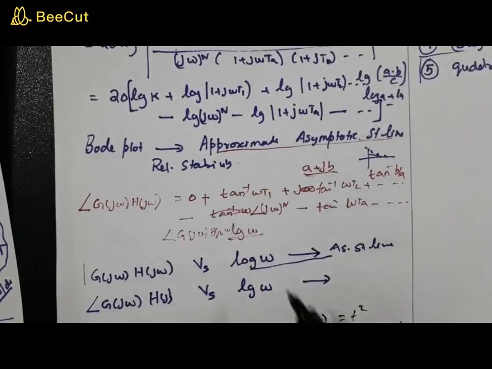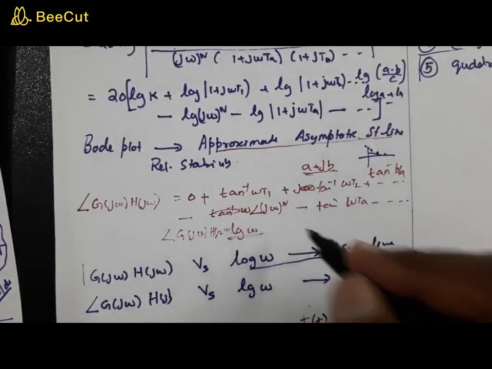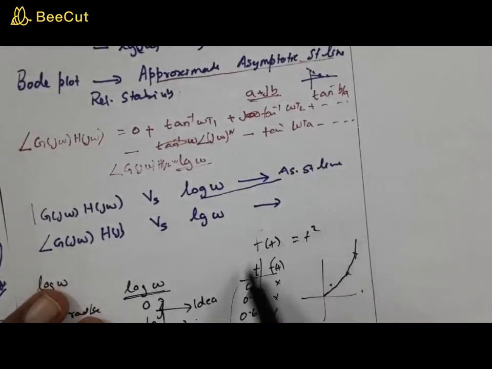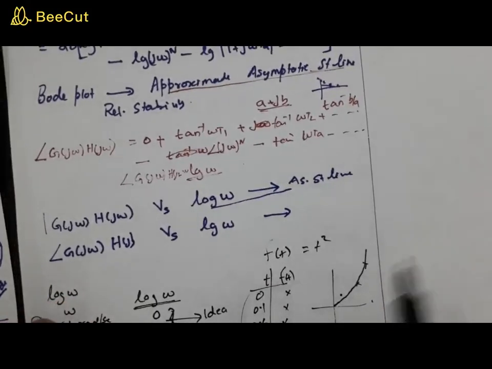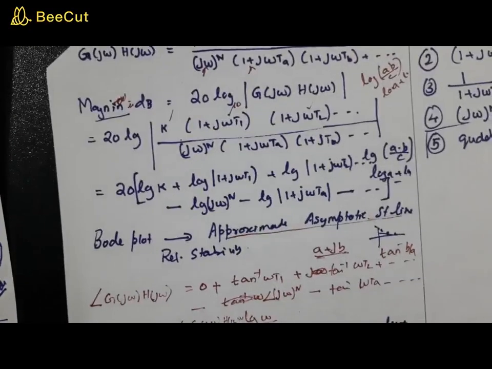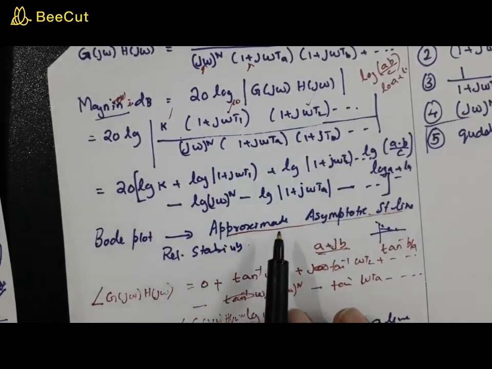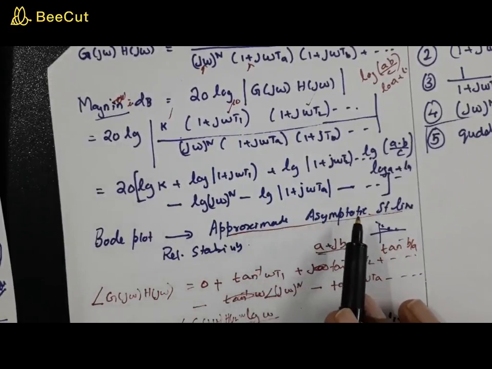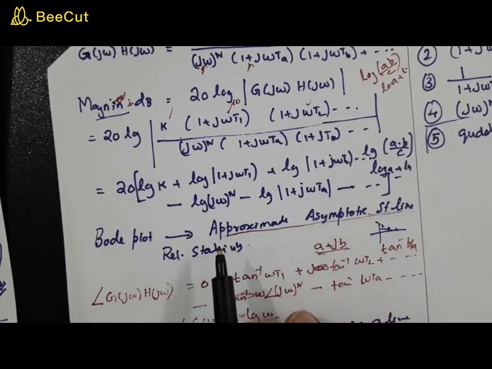When you plot the phase, we simply plot exactly as we have plotted here, putting some arbitrary values of omega, and you will be plotting an exact graph. But the magnitude we will be representing in asymptotes or straight lines. Therefore, this Bode plot is also called an approximated asymptotic plot, and that is enough for the analysis.